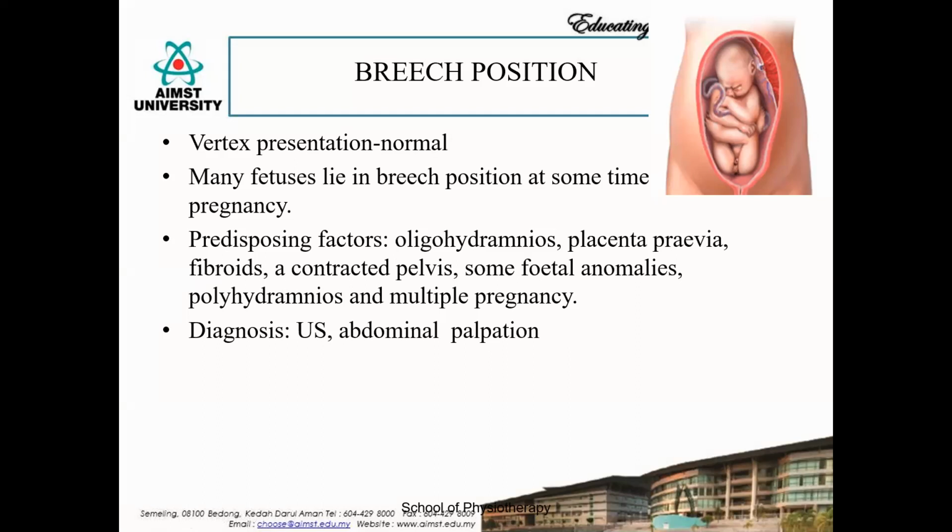Then if the mother has fibroids, which are bulk muscle masses present in the uterus. If the pelvis is contracted, the baby will also be fixed in an abnormal position. Some fetal anomalies also lead to this problem. Then polyhydramnios is an increase in the amniotic fluid. Multiple pregnancy also leads to breech presentation.